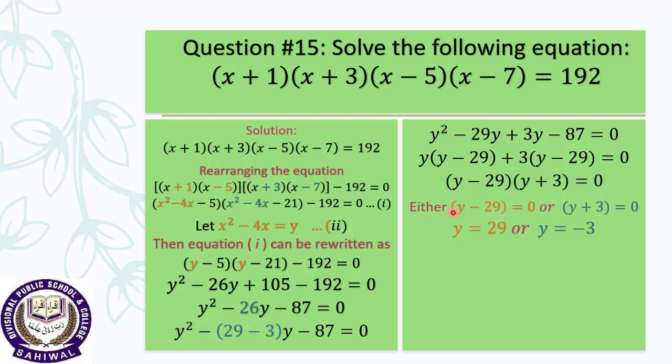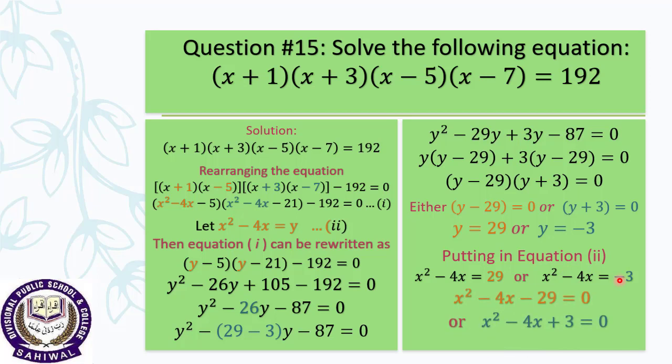When solving them for the values of y, we get y is equal to 29 or y is equal to minus 3. Putting these two values of y in equation 2, we get x square minus 4x is equal to 29 or x square minus 4x is equal to minus 3. Rearranging them, we get x square minus 4x minus 29 equal to 0 or x square minus 4x plus 3 equal to 0.